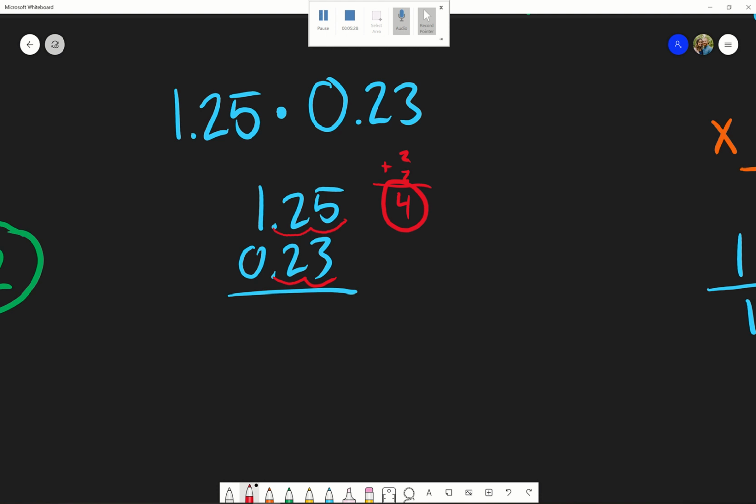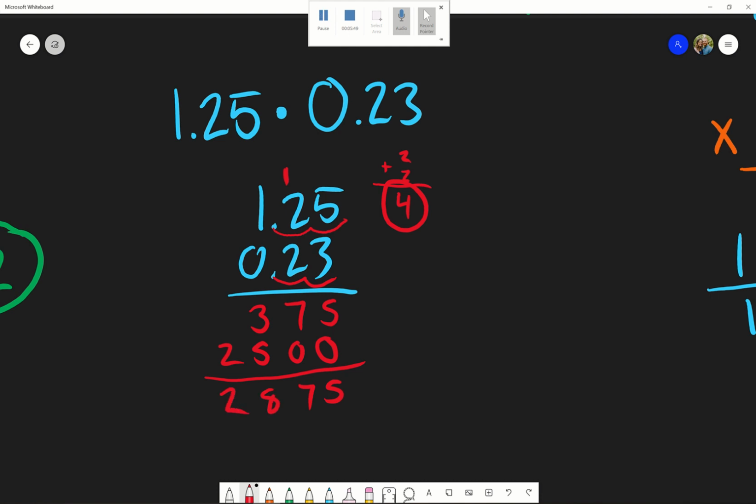Now I do my math. 3 times 5, 15. 3 times 2 is 6, plus 1 is 7. 3 times 1 is 3. Add a 0. 2 times 5, 10. 2 times 2 is 4, plus 1 is 5. 2 times 1 is 2. Add these up. 5, 7, 8, 2.